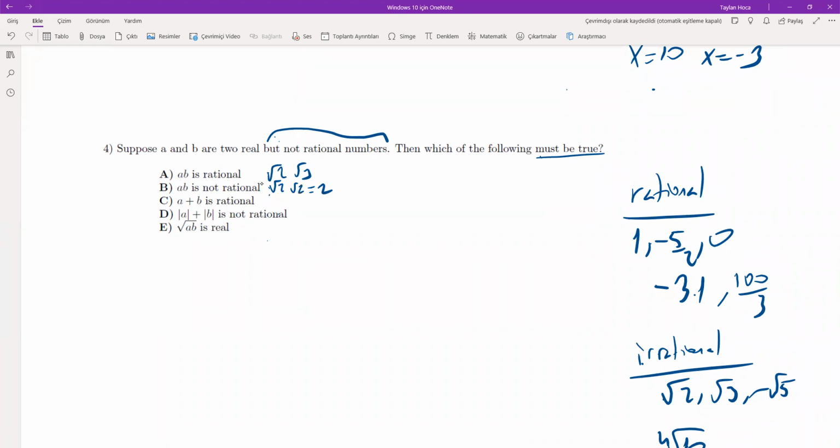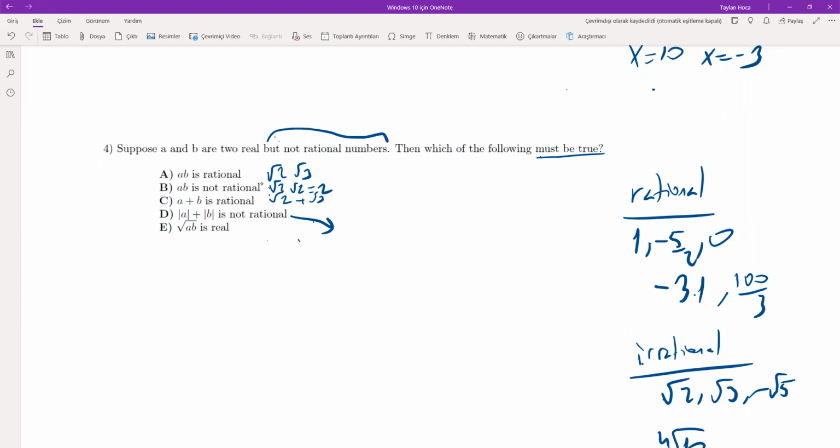Okay? A plus B is rational. No. Let's say square root of 2 plus square root of 3. Absolute value of A plus absolute value of B is not rational.